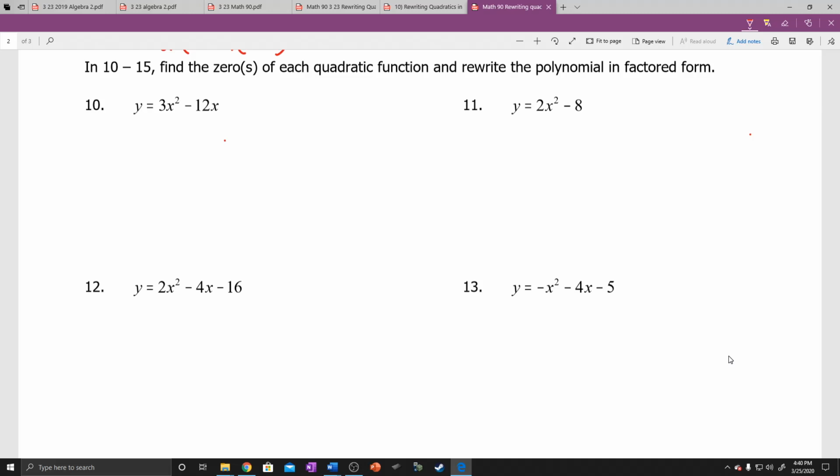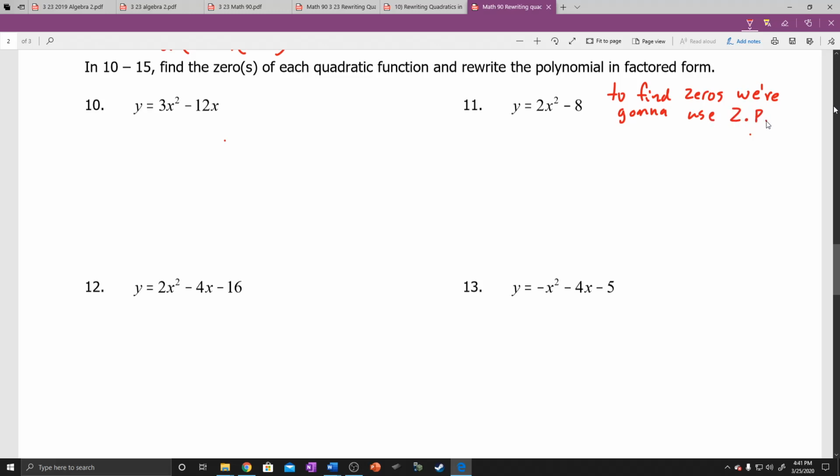All right, we're going to find the zeros now of each function and rewrite the polynomial in factored form. So we're going to need to remember a couple things. To find zeros, we're going to use the zero product property, and we'll review what that is.